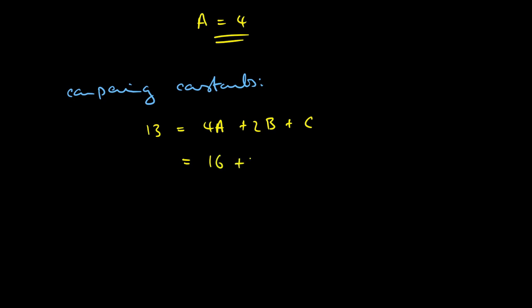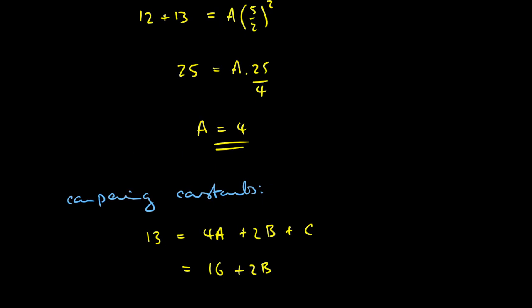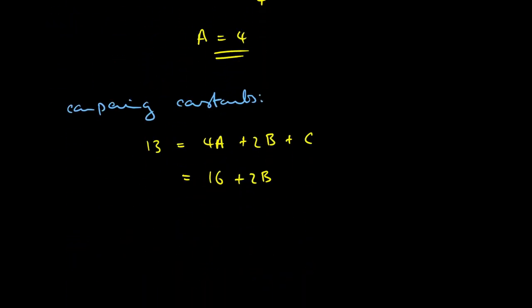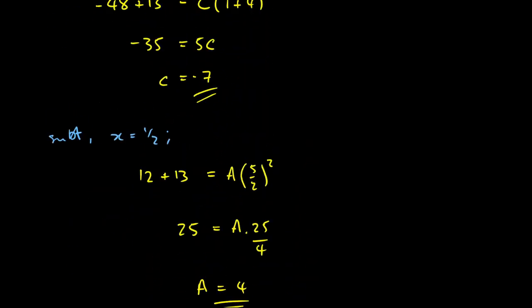B is the thing we're trying to find out, that's 2b. And c, what was c? Negative 7. So we've got minus 7 there, is equal to 13. So for 2b, I'll add 7 to both sides, so I get 20, and then subtract 16, that gives me 4. So b should be equal to 2. So I get a is 4, b is 2, c is negative 7.